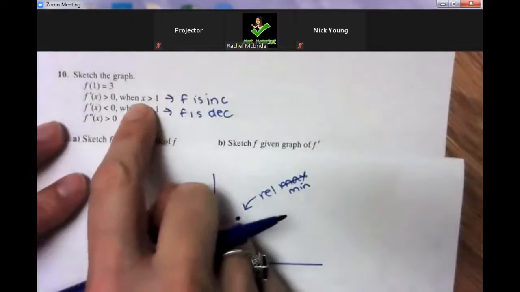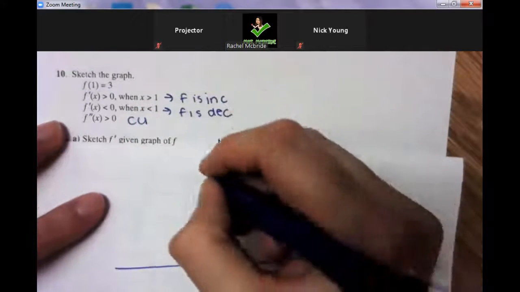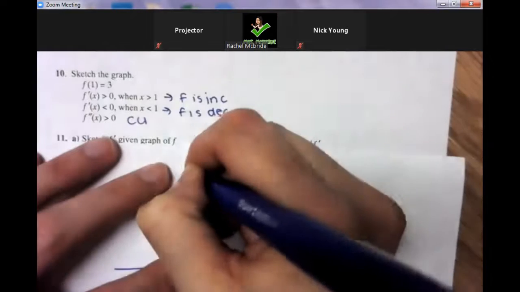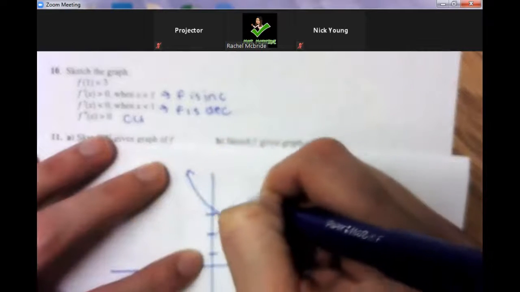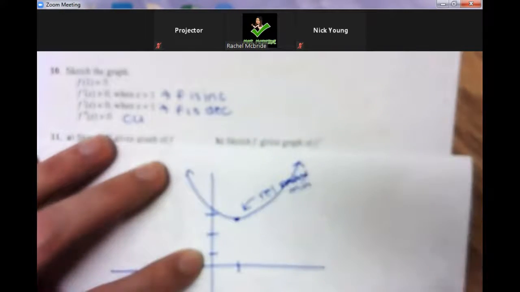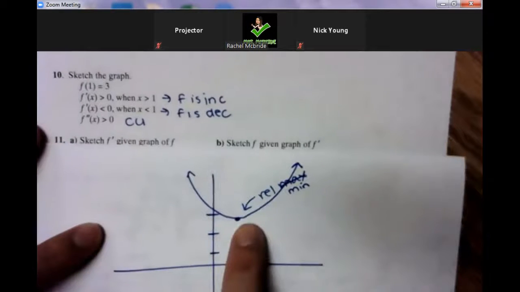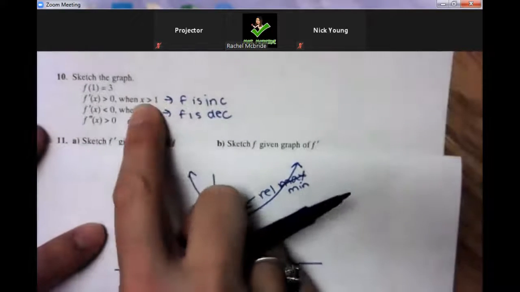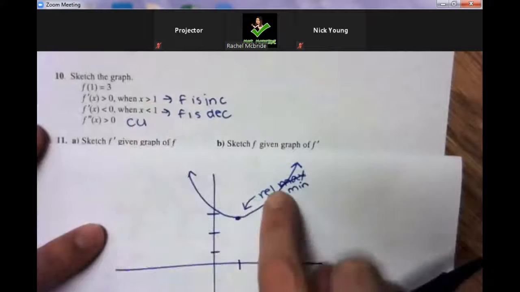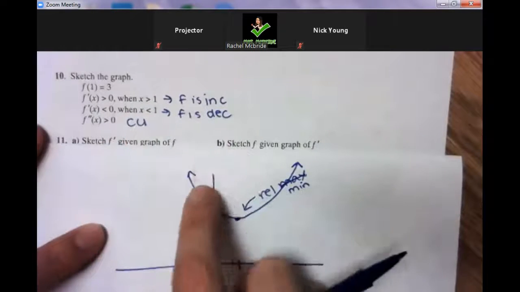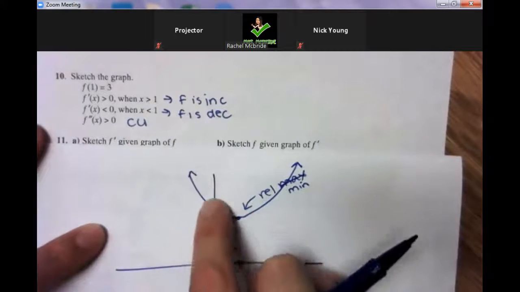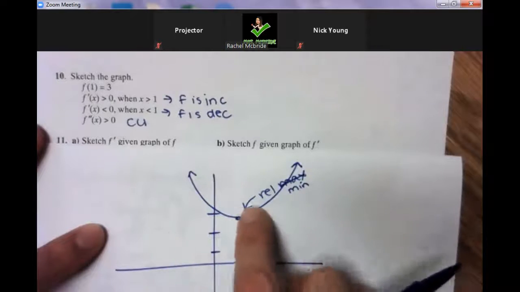It's x greater than 1. So when I go to draw this in, it'll look like that, making it a min. Because that's for x greater than 1, increase, x less than 1, decrease, and we have a nice little concave up.